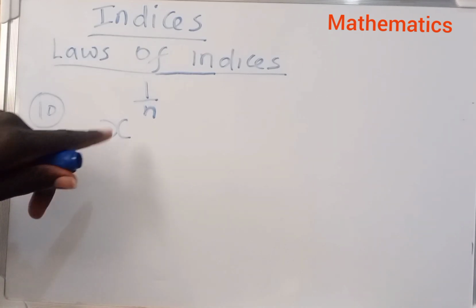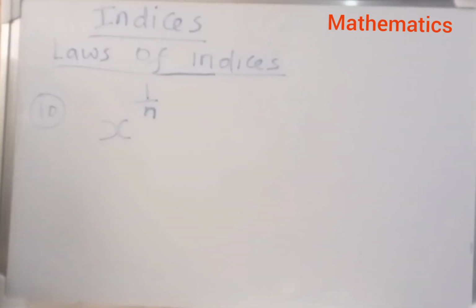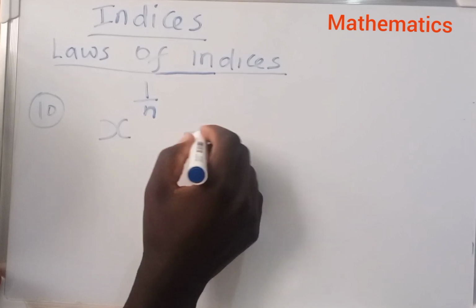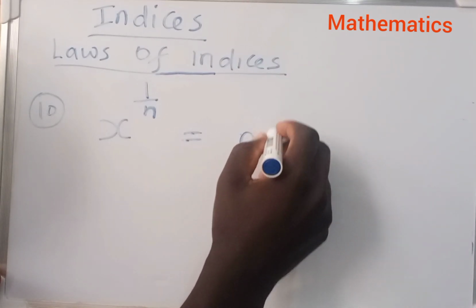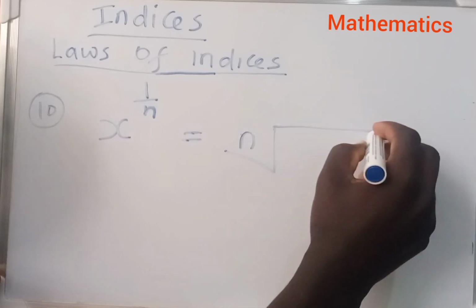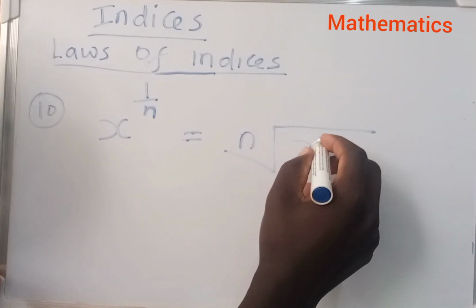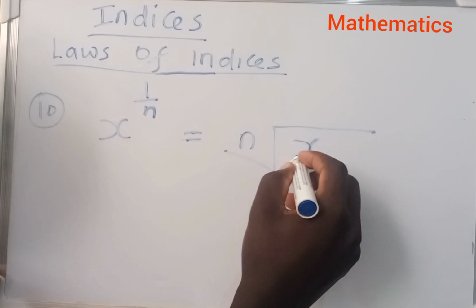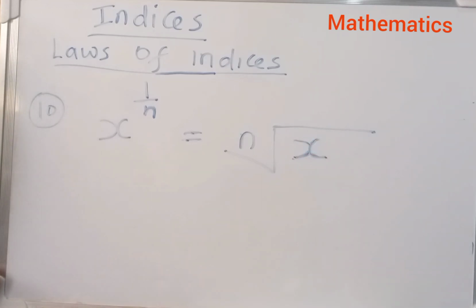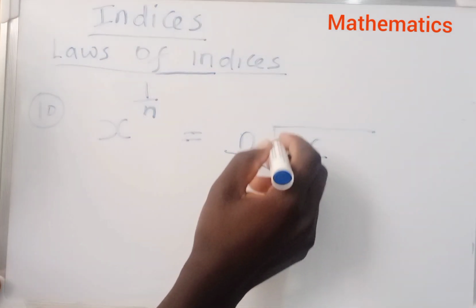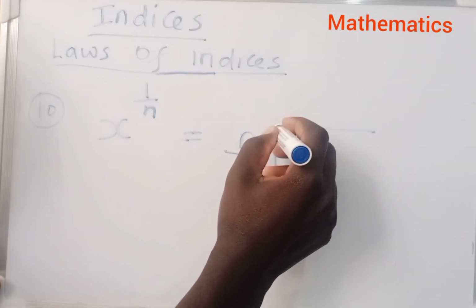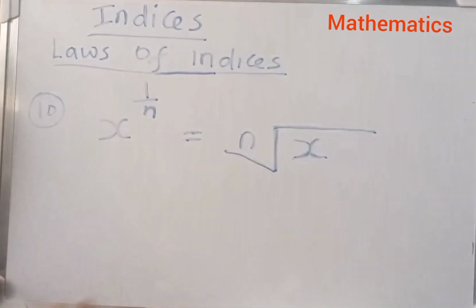In this case, it is just the nth root of x. That is the last law of indices, which is number 10.